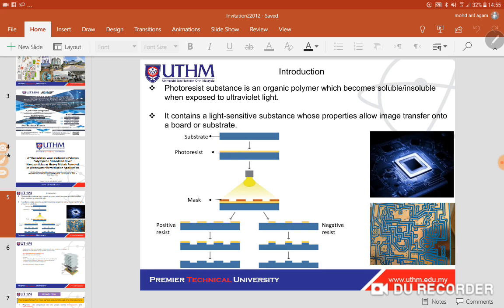Either they become positive resist, where the part that has been shined has its bonds broken up and is easy to be removed, while the part that becomes hardened is a negative resist, which becomes cross-linked or bound together.